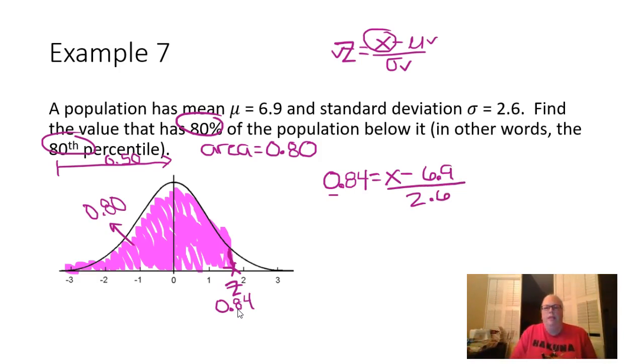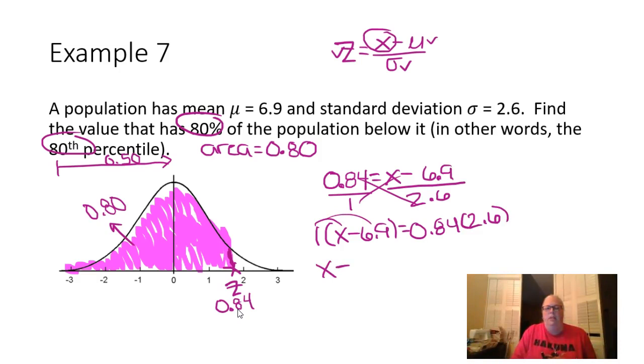This problem is actually a proportion, and so I can cross multiply to solve it, and we'll have 1 times x minus 6.9, and that's going to be equal to 0.84 times 2.6. If we distribute the 1 inside, we'll have x minus 6.9.